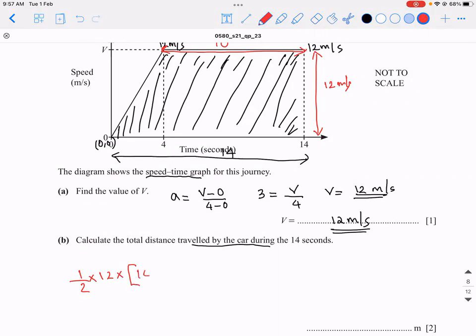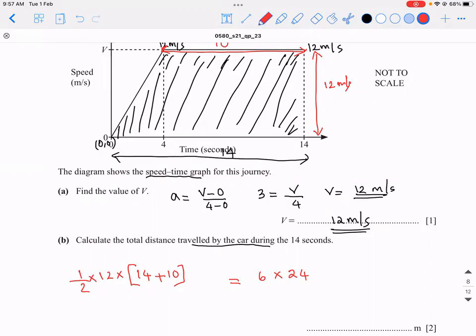A plus b means the sum of the opposite sides, which are parallel, correct? So 14 plus 10. So what happens? It becomes 6 multiplied by 24. Please calculate this.